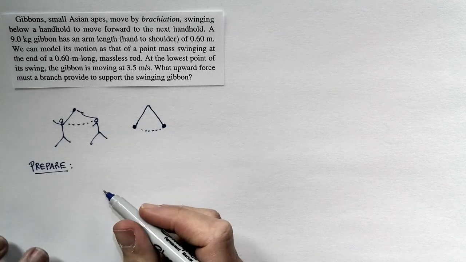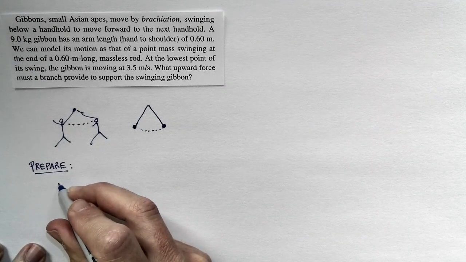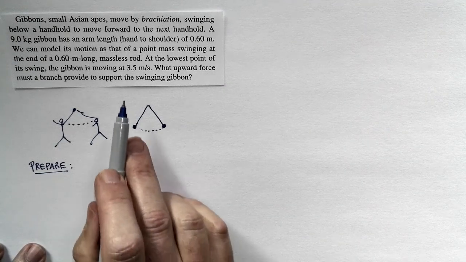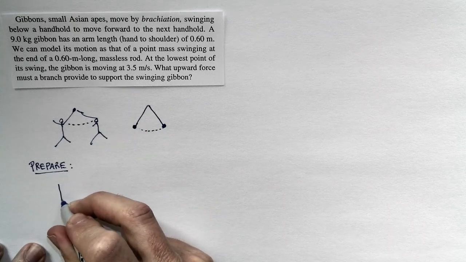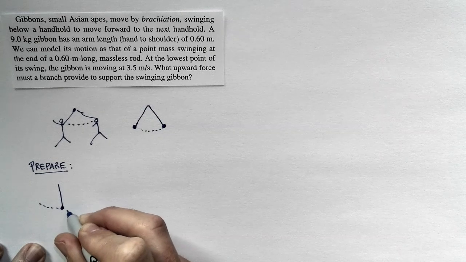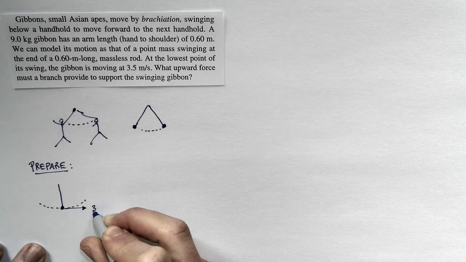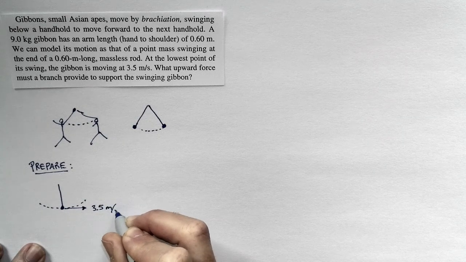Now we're going to treat this as a circular motion problem, and there are two pieces that we need to consider. First off, we need to consider the motion, and we're told at the lowest point of its swing, the gibbon is moving at 3.5 meters per second. So the gibbon is moving in a circular arc, but at the lowest point of its motion, it's moving at 3.5 meters per second.